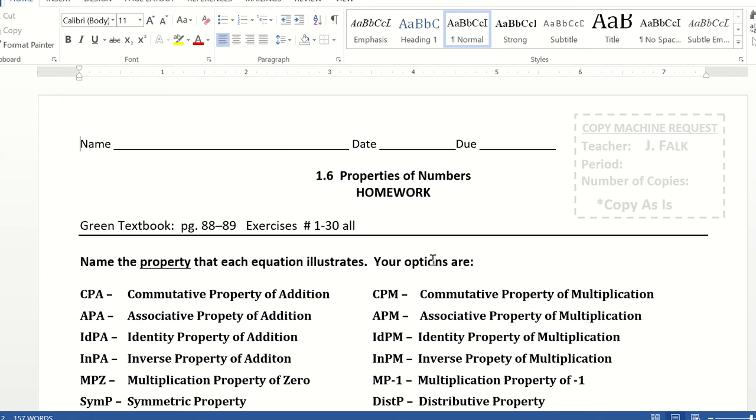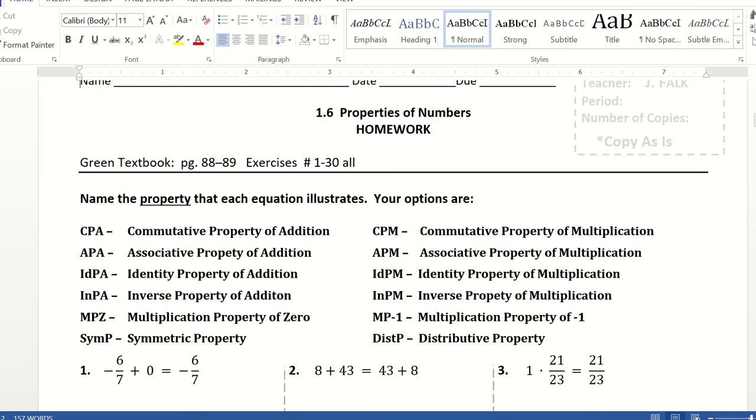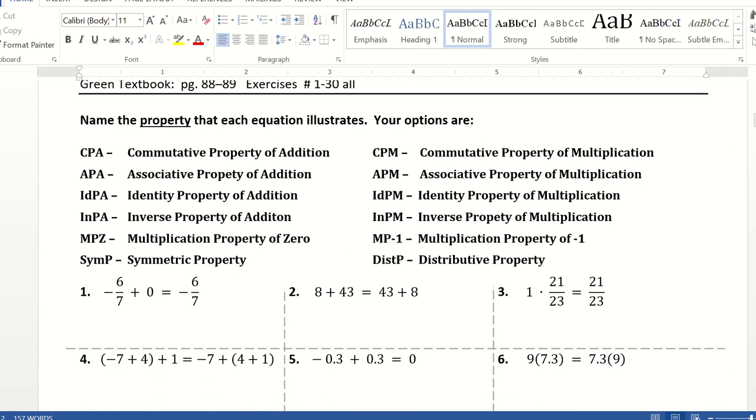So you have a crossword. The crossword speaks for itself. But really quick about the homework that you'll do also eventually over the next day or two. I added all these shorthand code words to save yourself some writing. So name the property that's in play here.